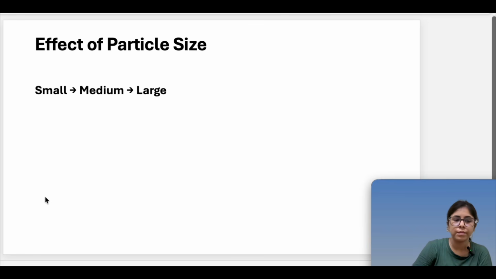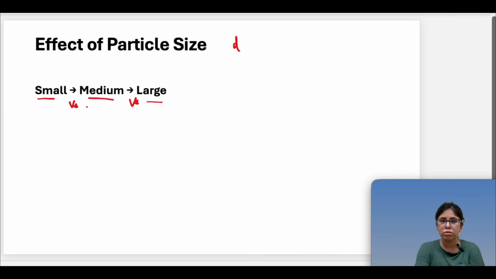So the effect of particle size is denoted by d, the diameter. Here it's mentioned that from small to medium to large, the settling velocity increases with the particle size.